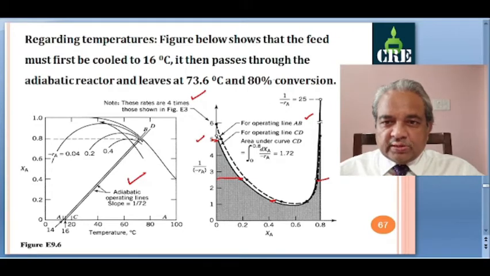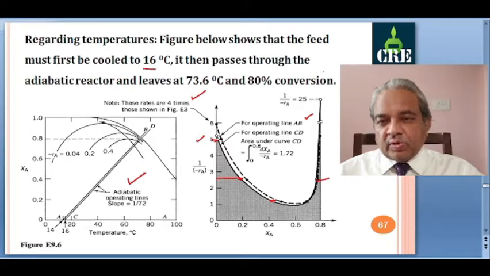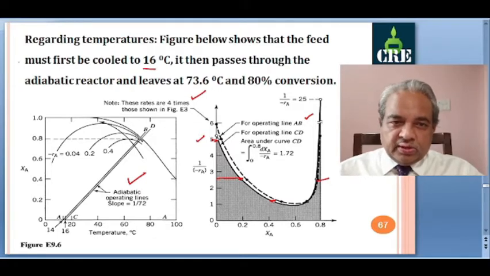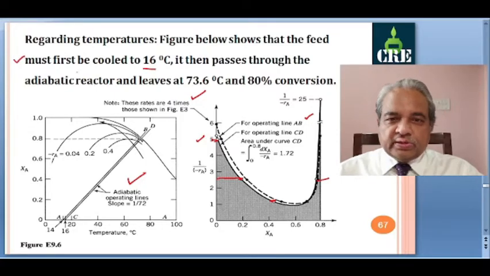And also you can find the feed temperature. Feed is at 25 as usual, it is to be cooled to 16, and it passes through the reactor and leaves at 73.6, and then it is to be cooled again.